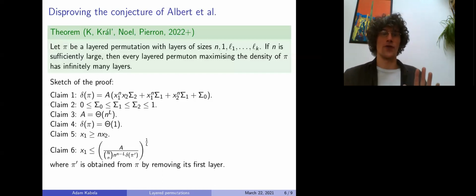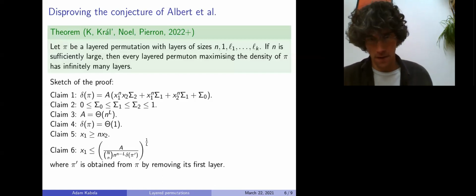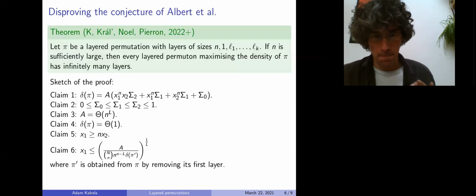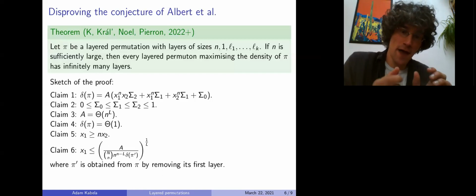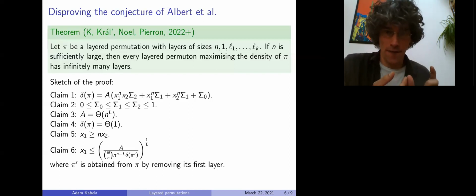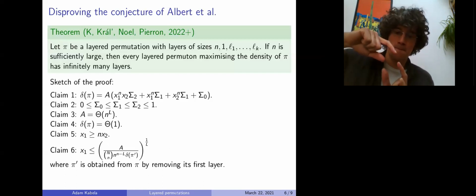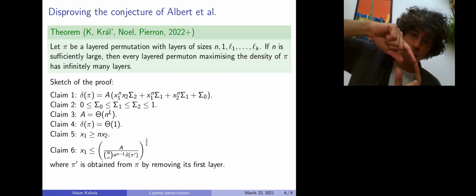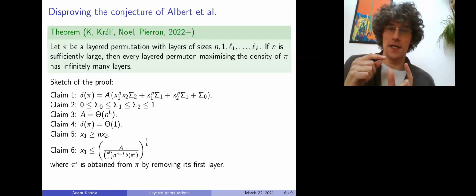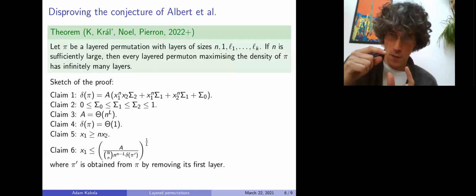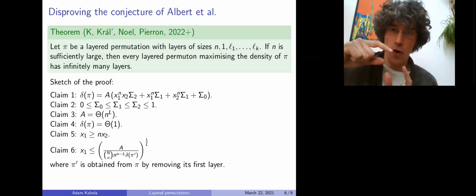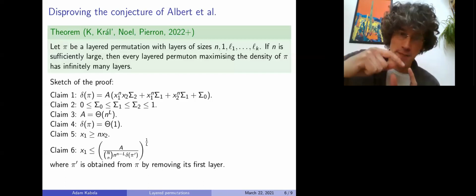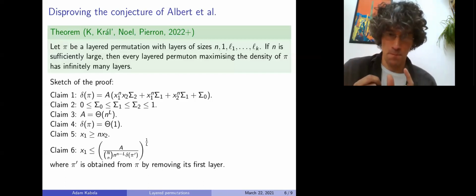Next thing, bound B by x1. Now, the idea here is to, once again, think of the maximizer, and now replace the second layer of the maximizer with a scaled copy of the maximizer of pi prime.